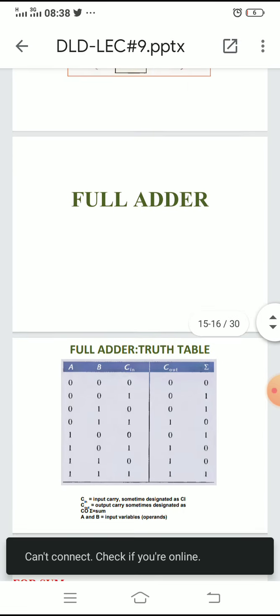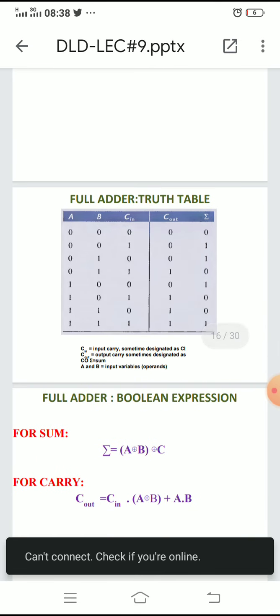After the half adder we discussed the full adder. In a full adder we have three inputs, A, B, and C, where C is represented as C in.